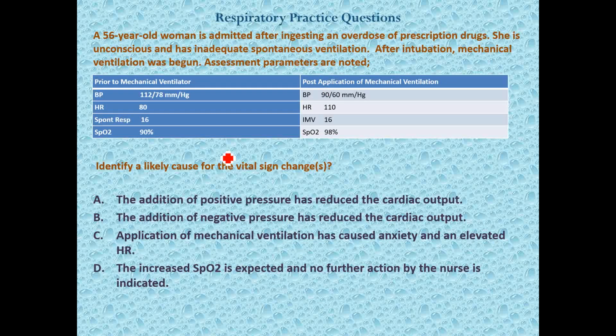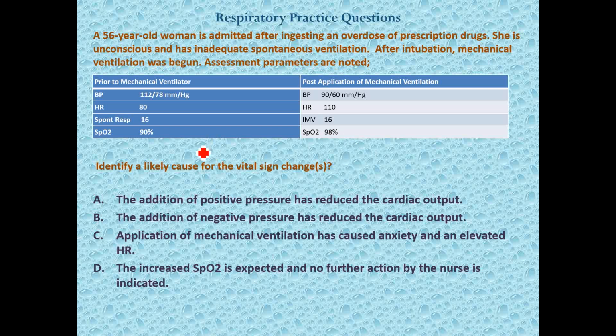A 56-year-old woman is admitted after ingesting an overdose of prescription drugs, and she's unconscious and has inadequate ventilation. After intubation, mechanical ventilation was begun, and the assessment parameters are noted. So identify a likely cause for the vital sign change. Let me point out what assessment parameters have changed.